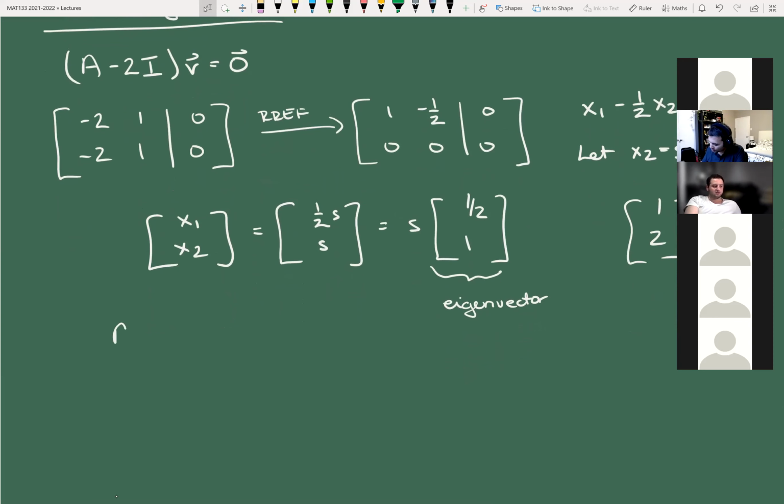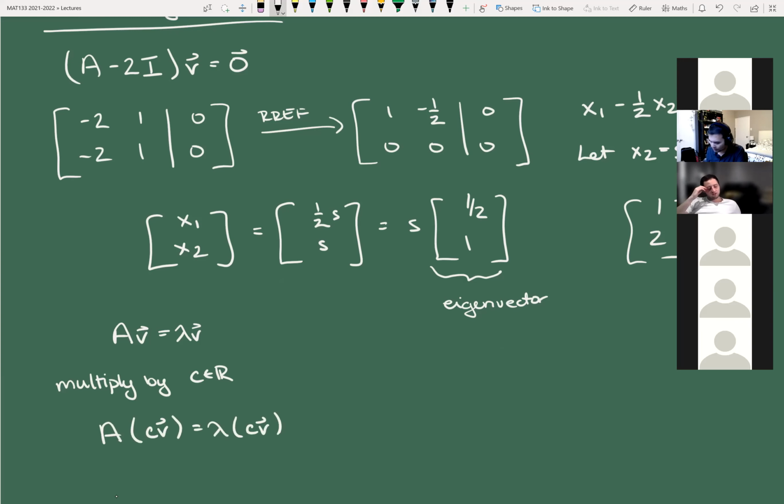Because here's the thing. Look at this. Let's suppose that AV is equal to lambda V. Now let's multiply both sides by any number. Okay, let's call it C. If we multiply by C, and that's just a real number, not a vector, then I would get A(CV) is equal to lambda times CV, right?